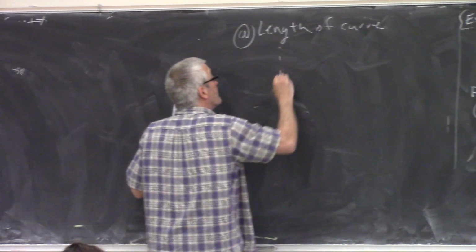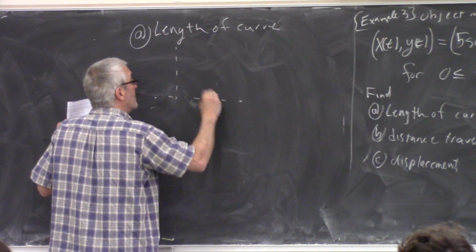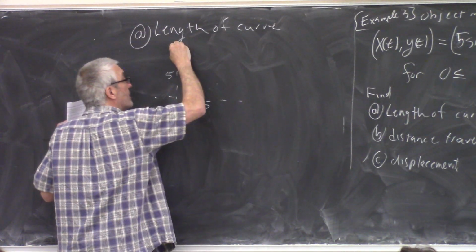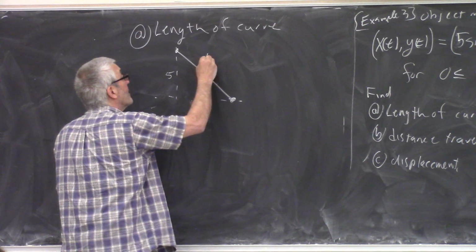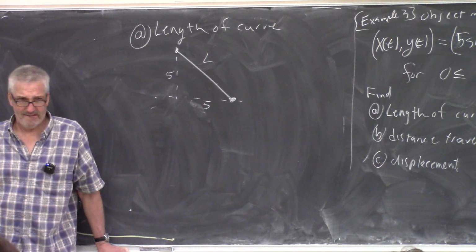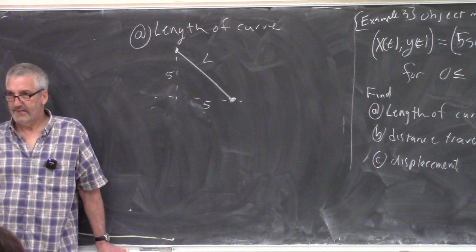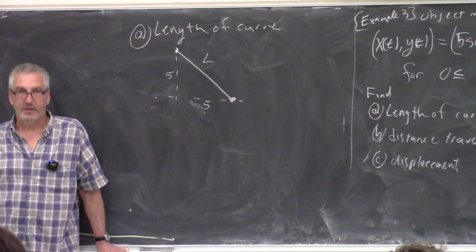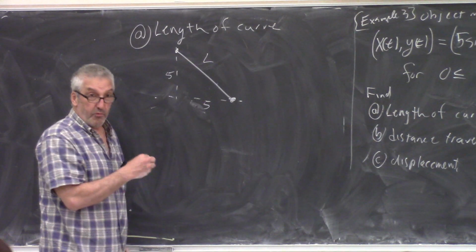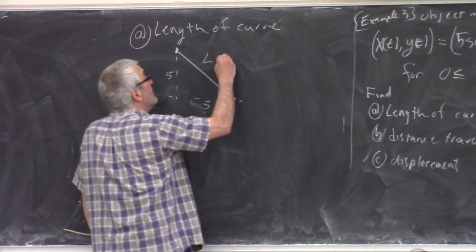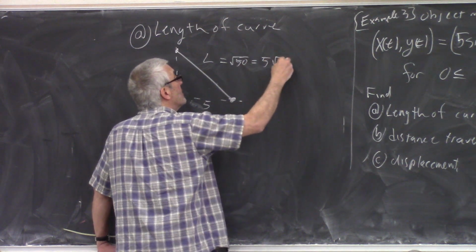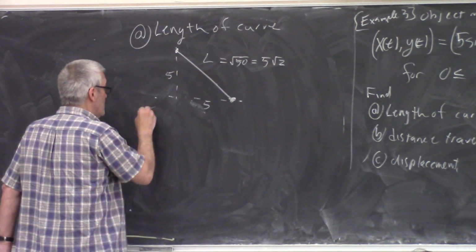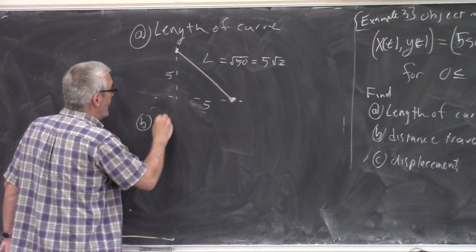So I can draw the curve. There's the curve. What's the length of this? Not quite. Got to use the Pythagorean theorem. Square root of 50, which is 5 square root of 2. Great. B, what's the distance traveled?